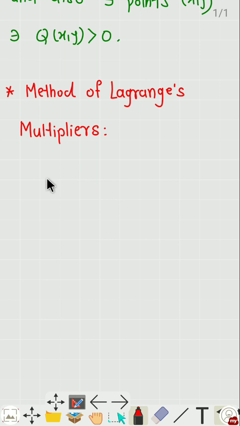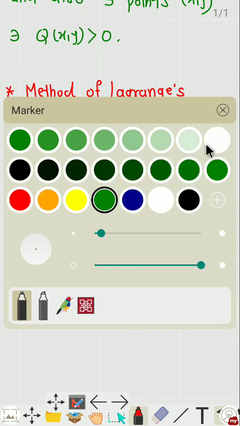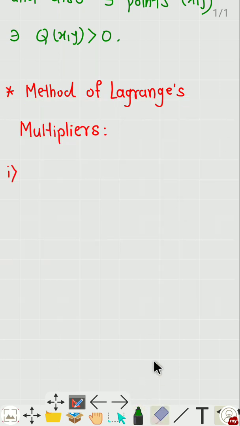Okay, so let us go to the function of two variables first.